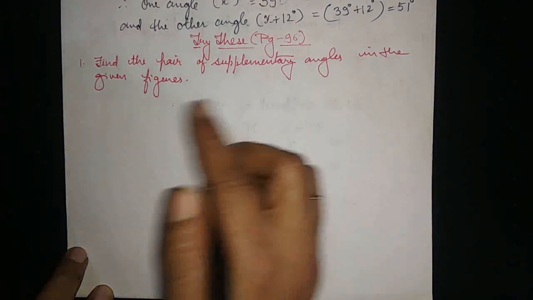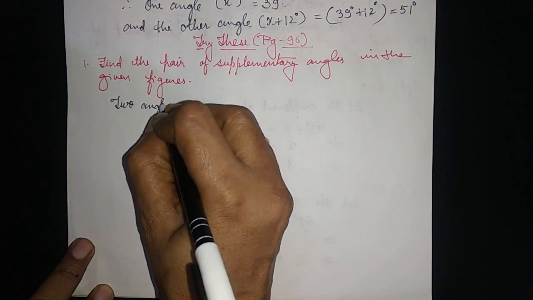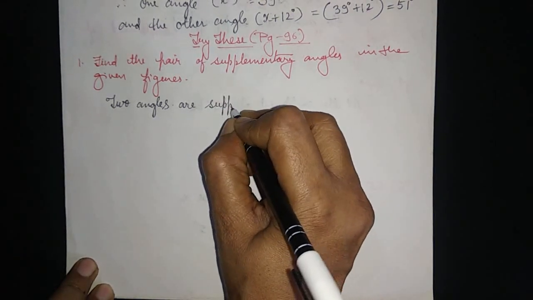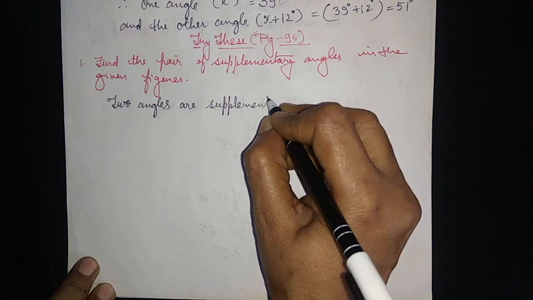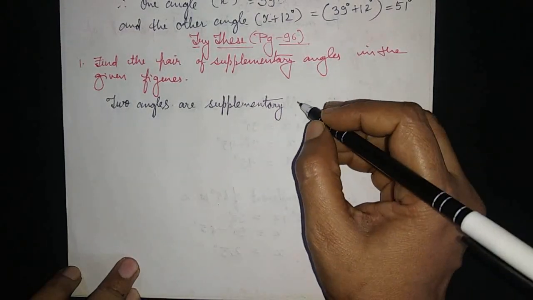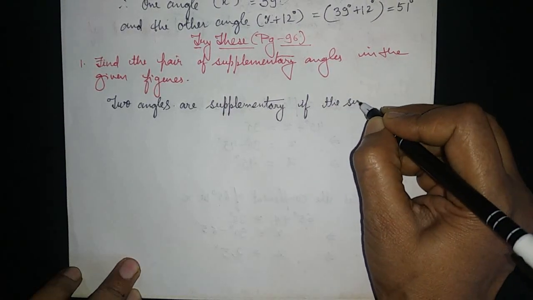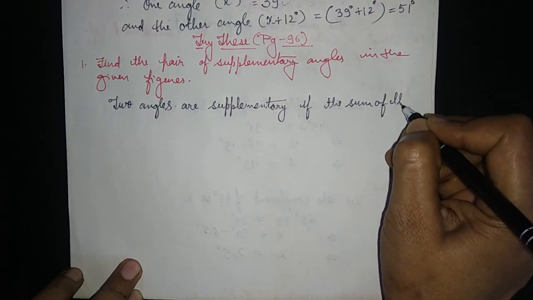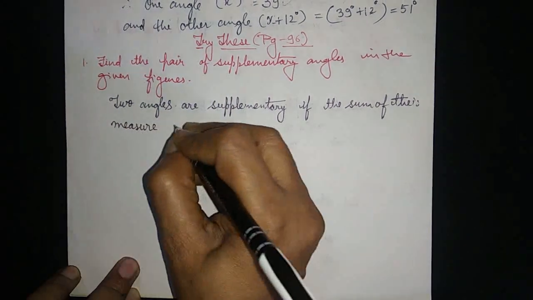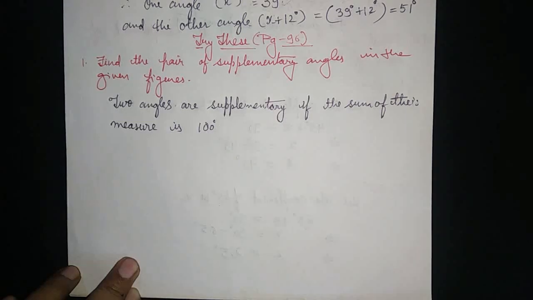Here also we will write first: 2 angles are supplementary if the sum of their measure is 180 degree.